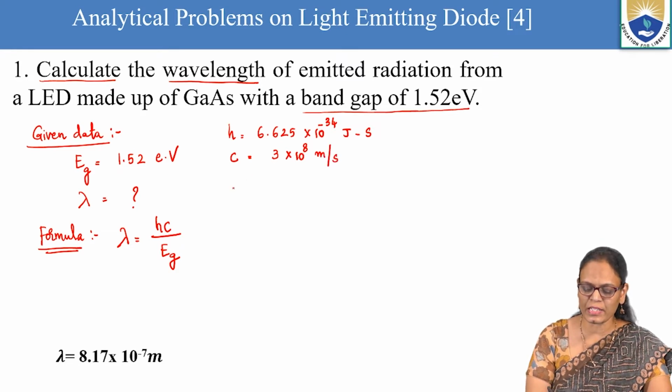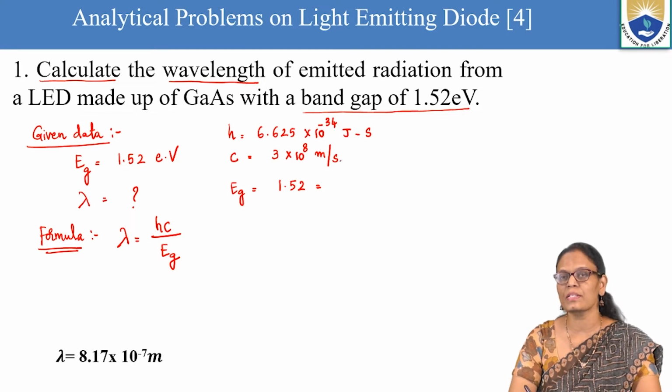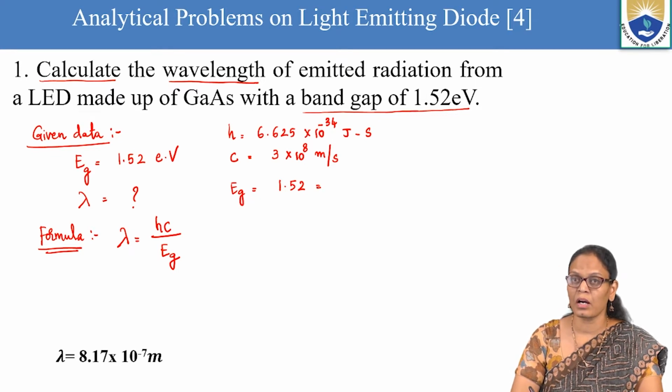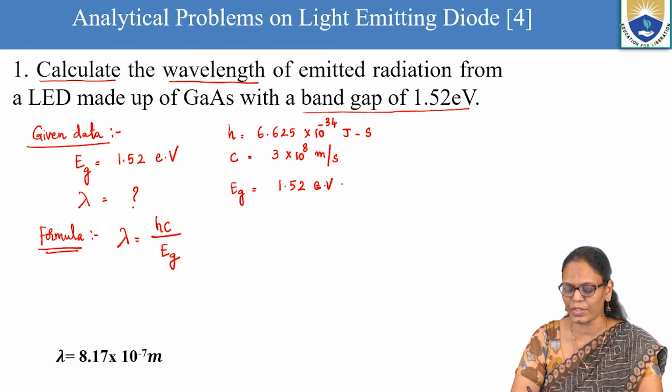And Eg is given in electron volt, and we have to convert it into joules because all the units are in SI system. In SI system, energy is expressed in joules. So we are going to convert this 1.52 electron volt into joules.